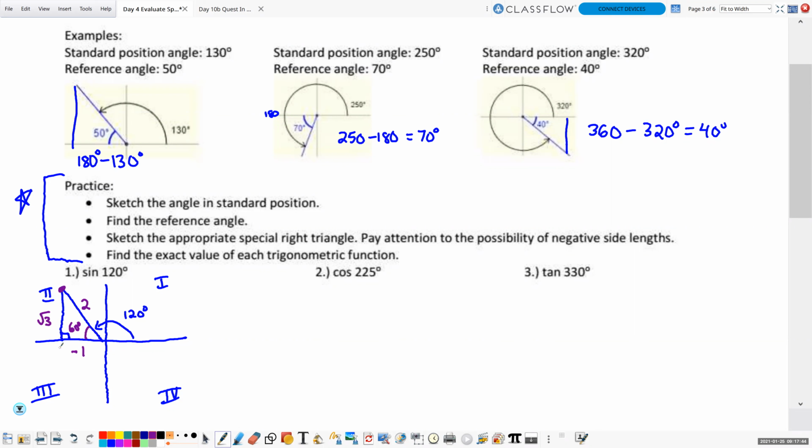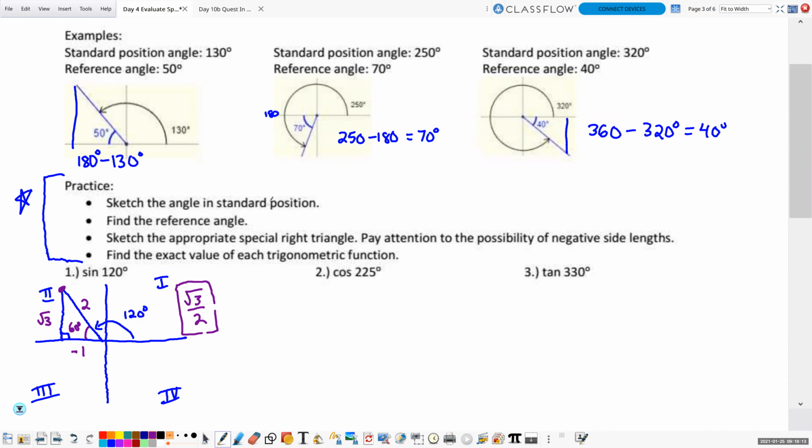It's -1, up √3. So anytime we go to the left or we have to go down, it's going to be negative. All right, so now the question is, what is the sine of 120? I'm going to look at my reference triangle, opposite over hypotenuse, √3/2.